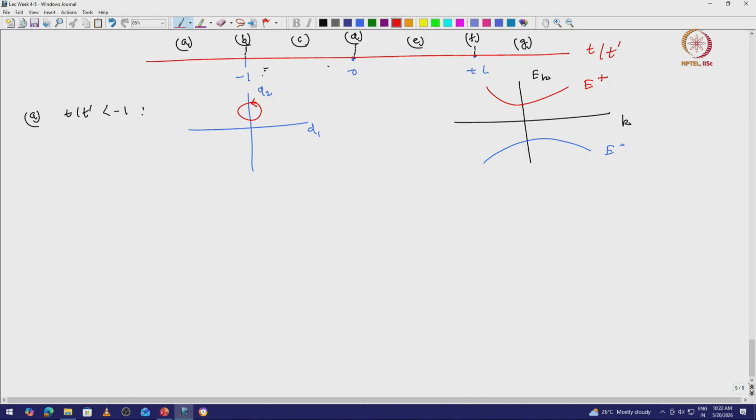So, now what happens when we are at t1 by t2 equal to minus 1?